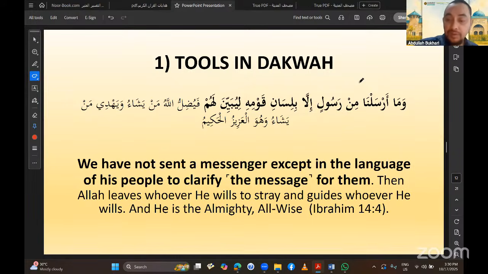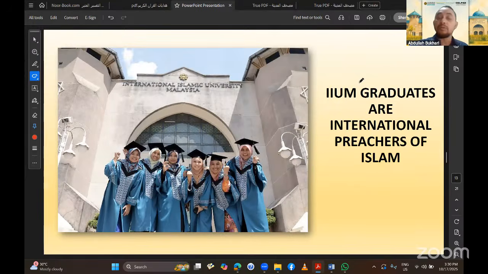For example, in the future or during your study here, maybe you go for internship, international. You go to Japan, for example, and then when you arrive in Japan, you know the language. So you can deliver the message of Islam in the language you learn, so you will be rewarded accordingly by Allah subhanahu wa ta'ala. Because the idea is that as a student of the university, after 4 years of learning, inshallah, you will be graduating and you are the international preachers of Islam.